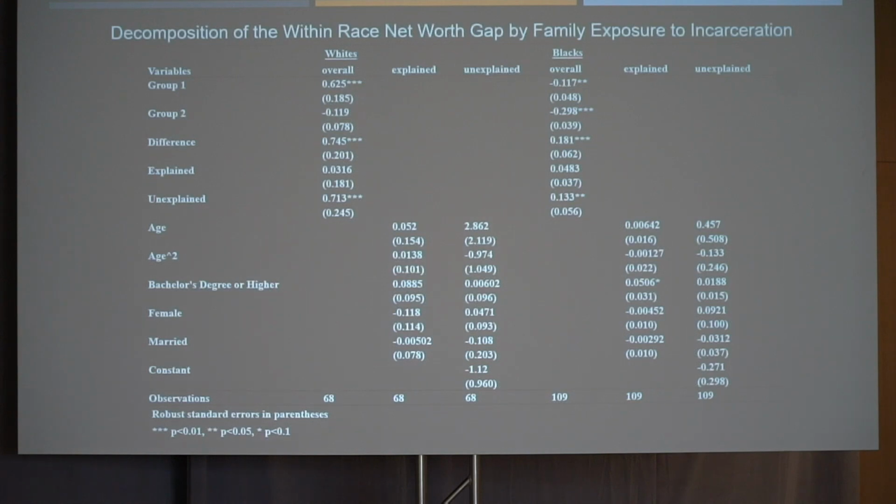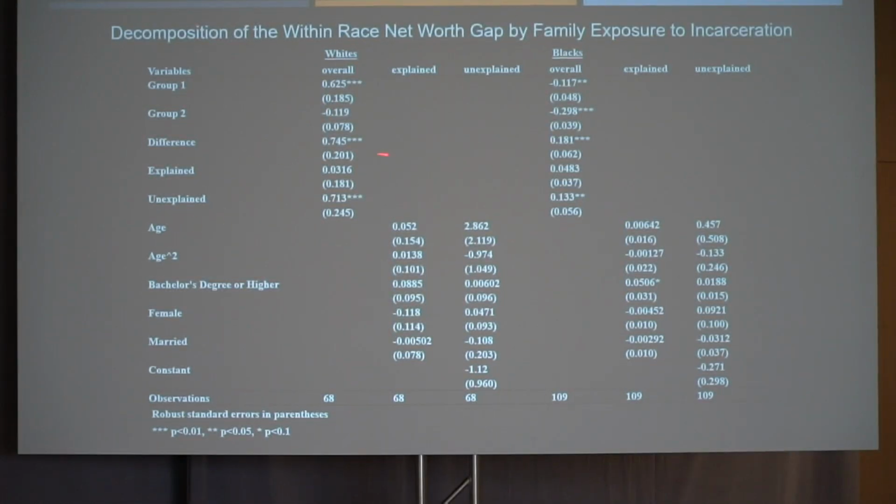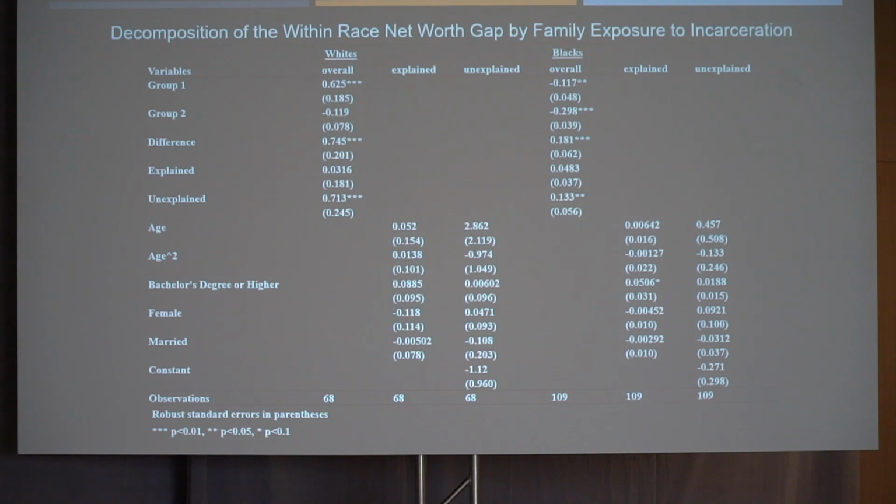Then we do the same thing for net worth. In this case, we do find a significant difference for both whites and blacks. Most of the difference is coming from the unexplained part, and the way we were able to explain this is that we're not controlling for certain aspects of wealth, such as inheritance.